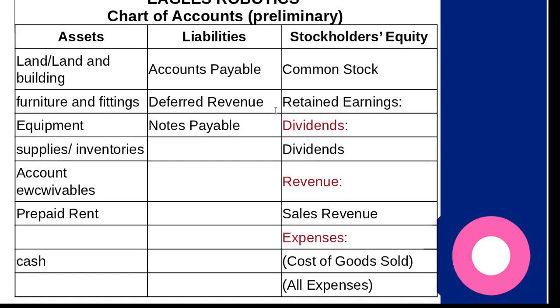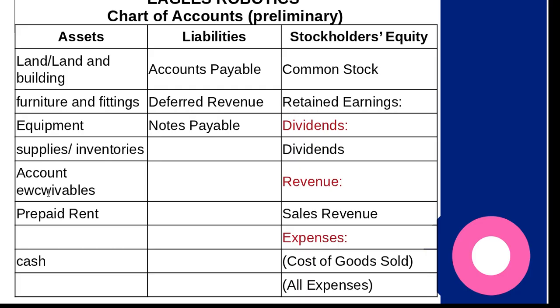Now look at this slide. It also explains more about the elements of the accounting equation. We have the assets here, just for you to remember. Last week we discussed fully on these things. Our assets include land or land and building. We have furniture and fittings, equipment, supplies or inventories.